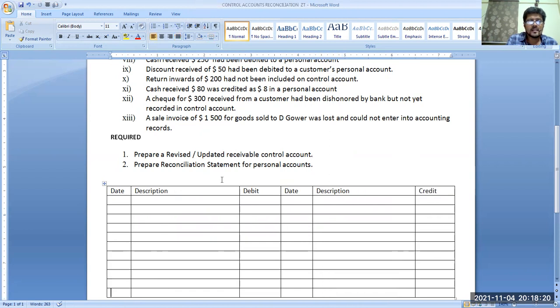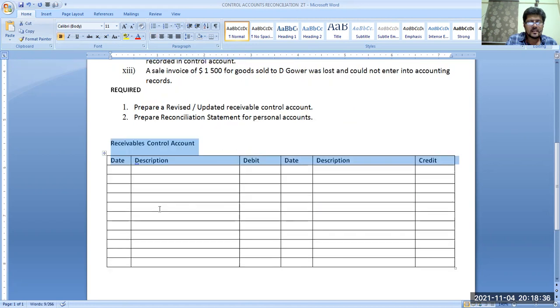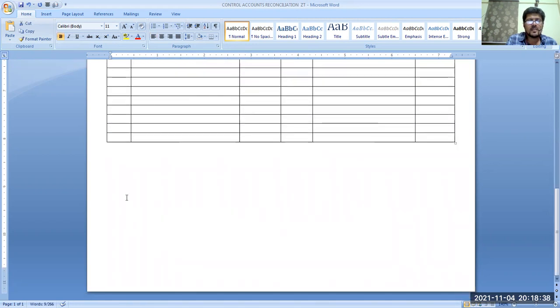Now, this is our receivables control account. Now what we do, we make a reconciliation here.